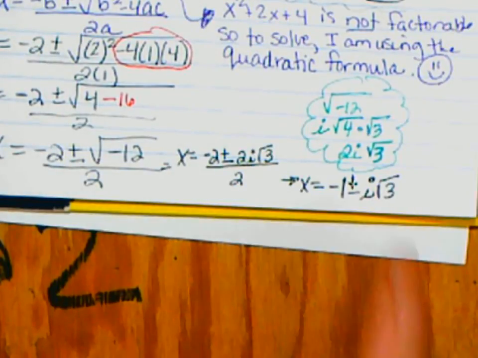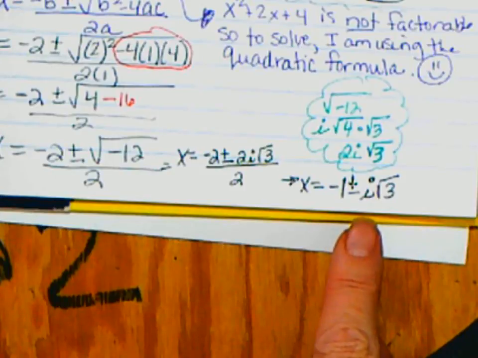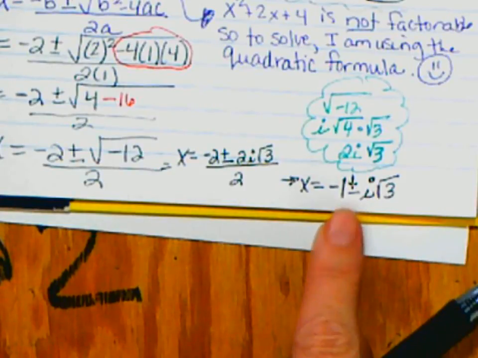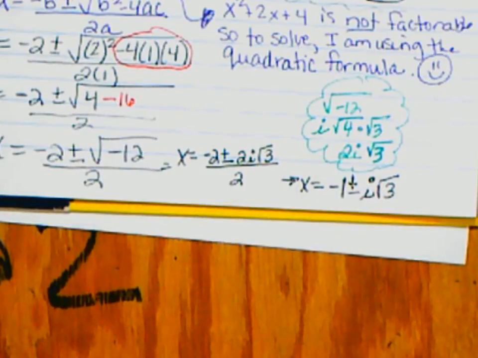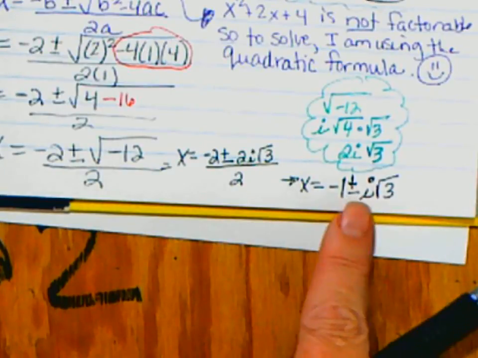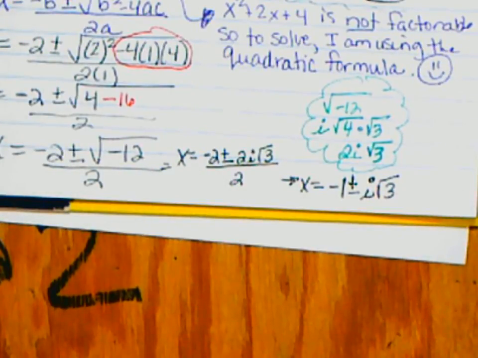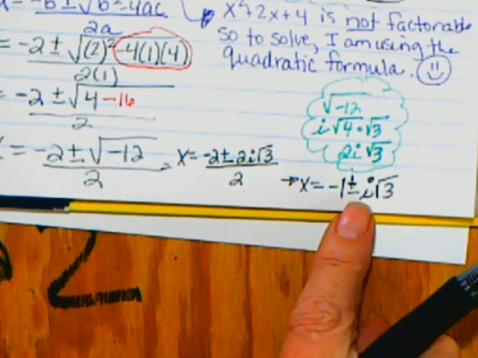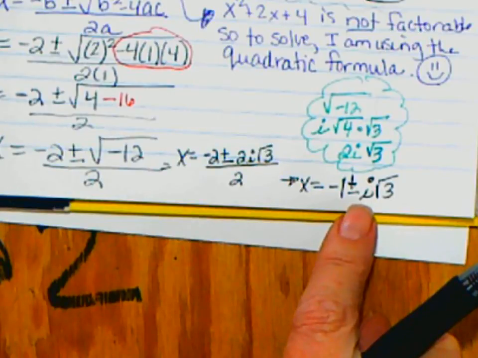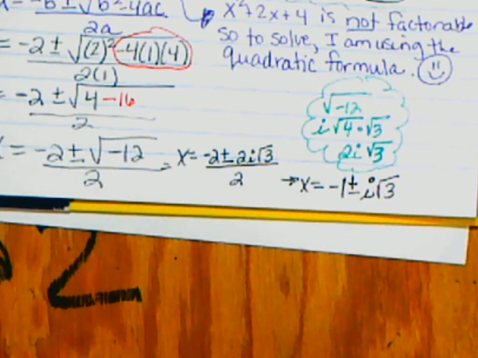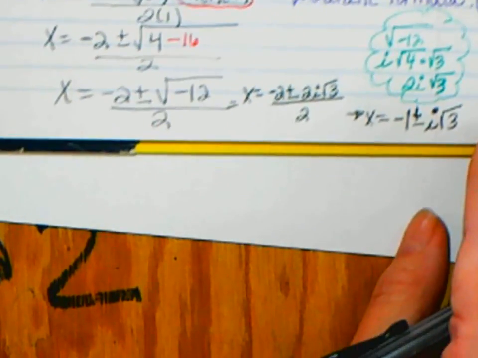And how many solutions is that? 2 solutions. Negative 1 plus i square root of 3 is one of the solutions. Negative 1 minus i square root of 3 is the other solution. So we have 2 imaginary solutions there. If we were graphing, would that help us with our graph? No. But it is 2 of the solutions. And then don't forget, we had that x equals 2 from before. So did we find all of our solutions? Yes.